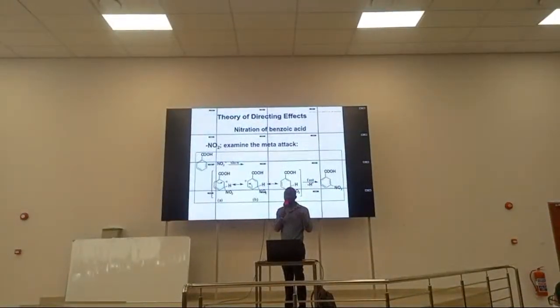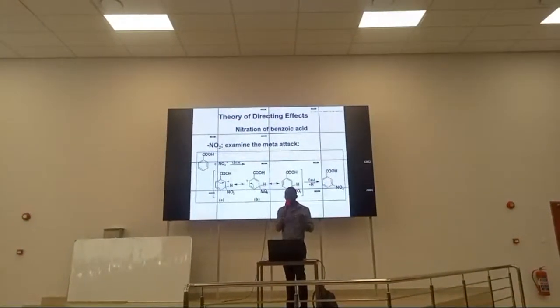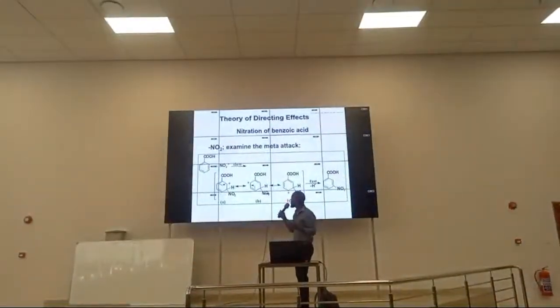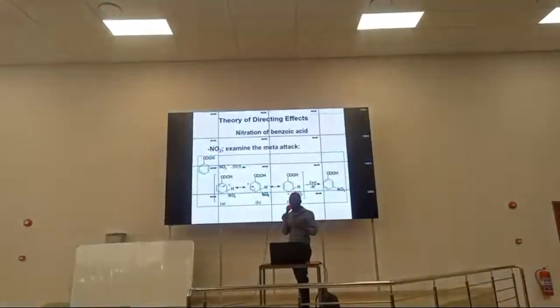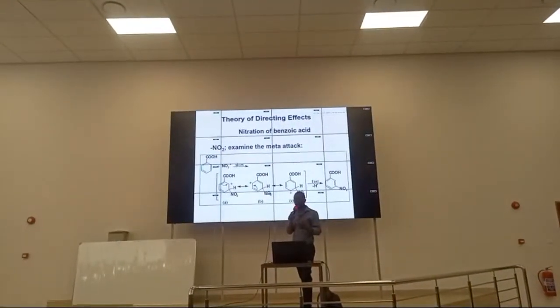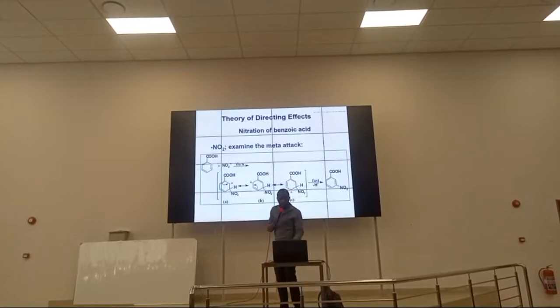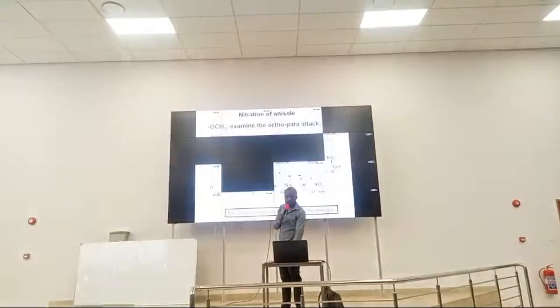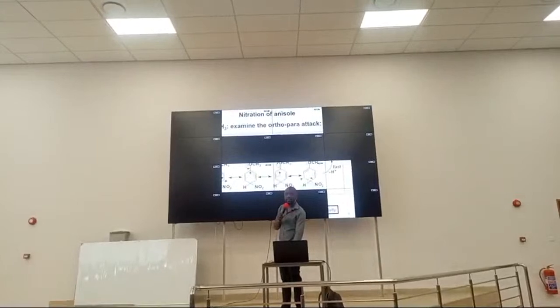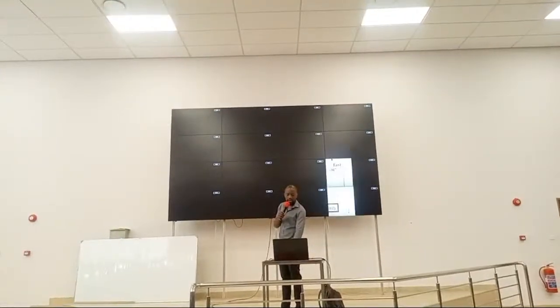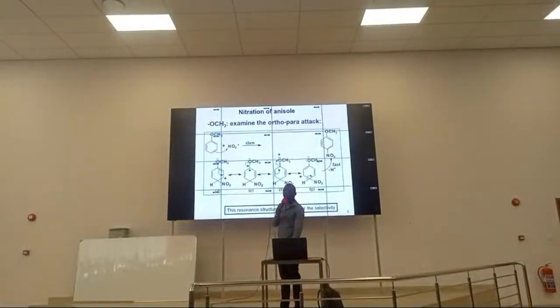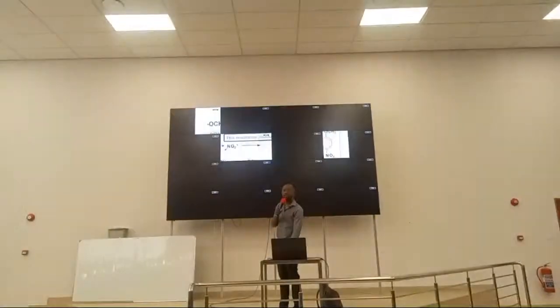So what that tells you is that the carbocation formed as a result of electrophilic aromatic substitution going on at one of the carbons in benzoic acid is not as stable as one that is formed as a result of electrophilic attack occurring on a methoxy substituted benzene.